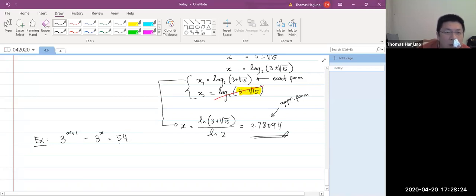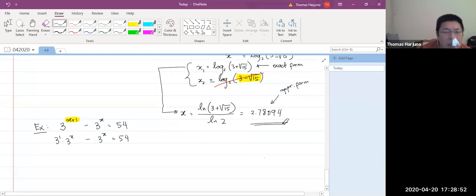So that's not what we are going to do. The thing that we need to be aware of is this guy here. 3 to the x plus 1 can be rewritten as 3 to the 1 times 3 to the x. Which then, if I factor 3 to the x, I'll get 3 minus 1, right?